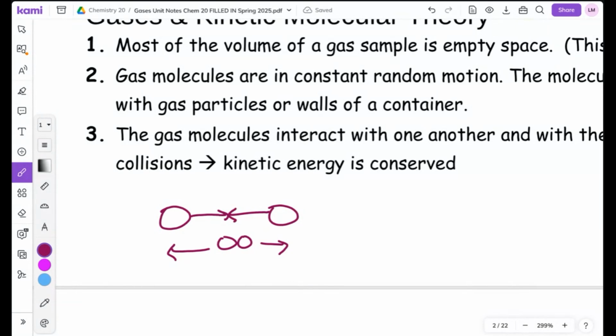That's just 2 ways of saying the exact same thing. Another way to say it is that when these 2 particles hit each other and bounce off, they're not going to slow down. No energy due to motion is going to be lost when they run into each other, or into the side of whatever container the gas molecules are in.